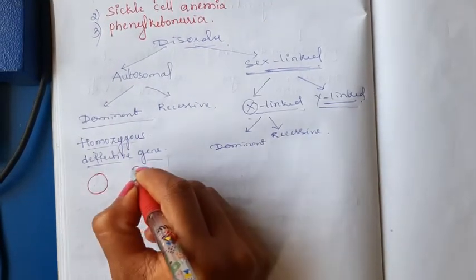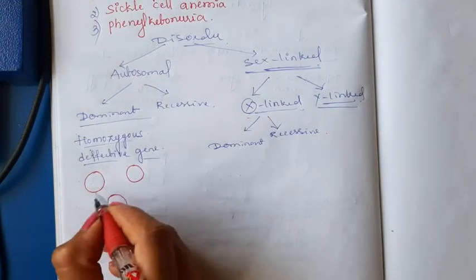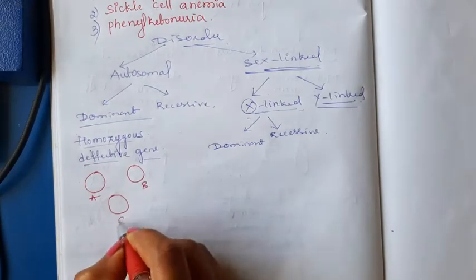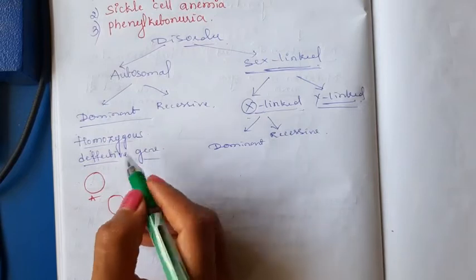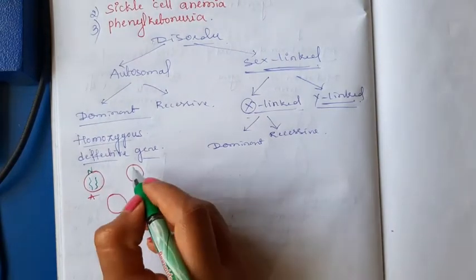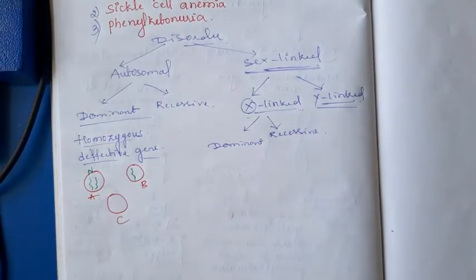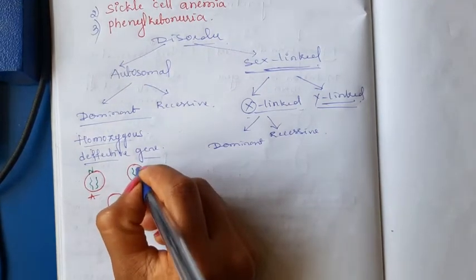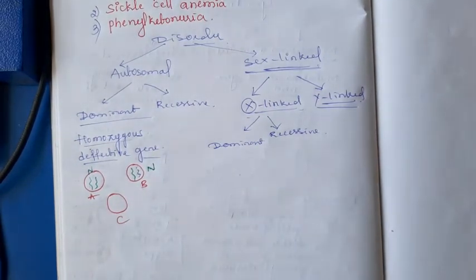Okay. Now I can take 3 individuals, A, B and C. A individual has normal genes. Then B individual has 1 normal gene plus 1 defective gene. I can write here a normal gene and a diseased or defective gene.